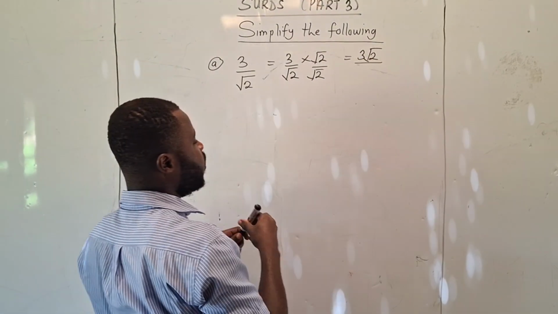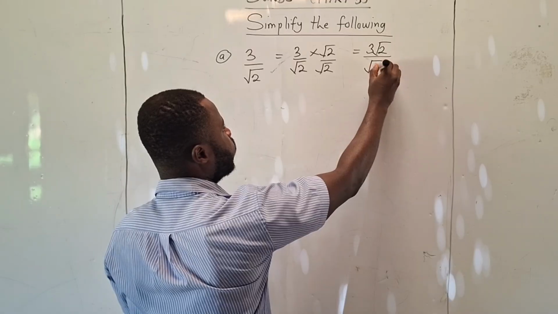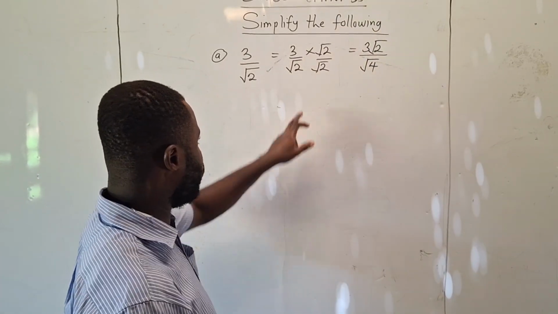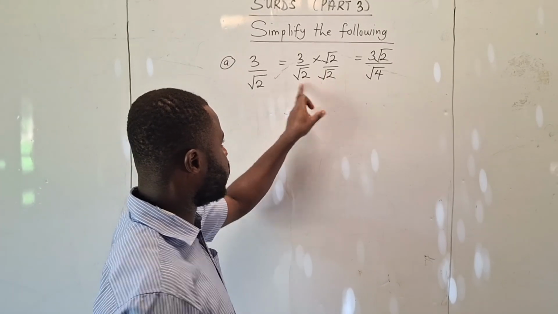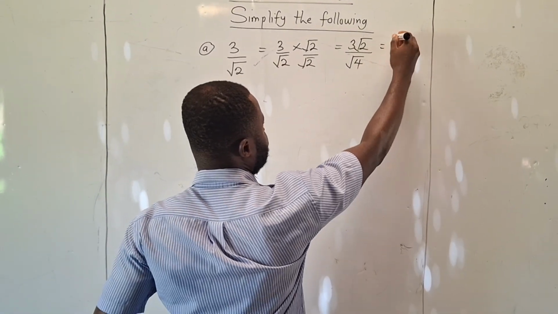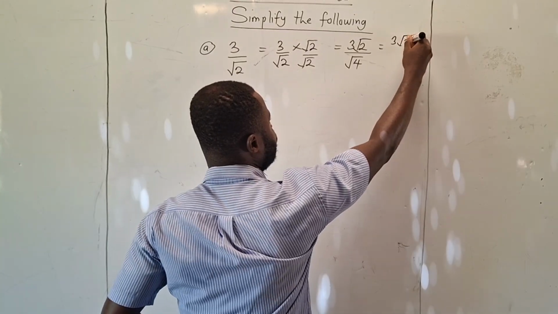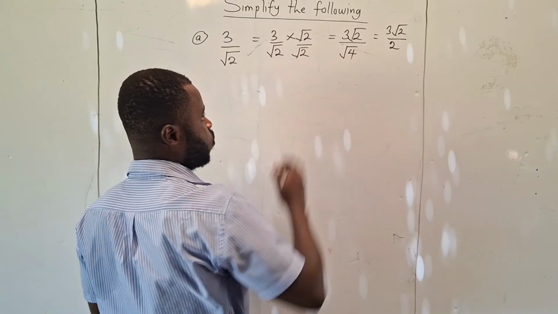But you can see that root 2 multiplying root 2 will give you root 4, because the numbers in the root are going to multiply. 2 multiplied by 2 gives 4. They say we should simplify, so this one will give us 3 root 2 all over 2, because the square root of 4 is 2.